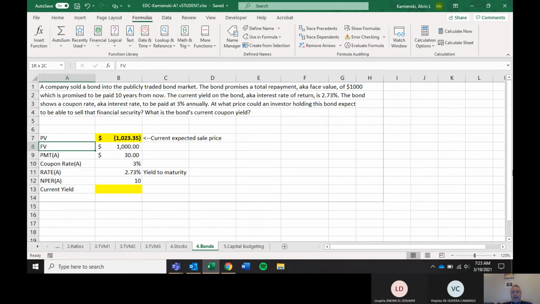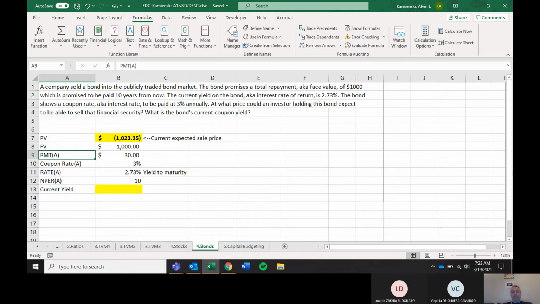Yeah, I would happily pay a dollar if you give me $1,000 in 10 years and pay me $30 along the way. Would I be willing to pay $5,000 if you're going to give me $1,000 in 10 years and $30 a year for 10 years? No way would I give you $5,000. I would be willing, however, to give you up to $1,023.55.